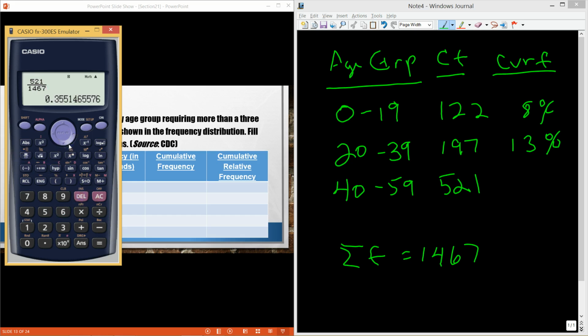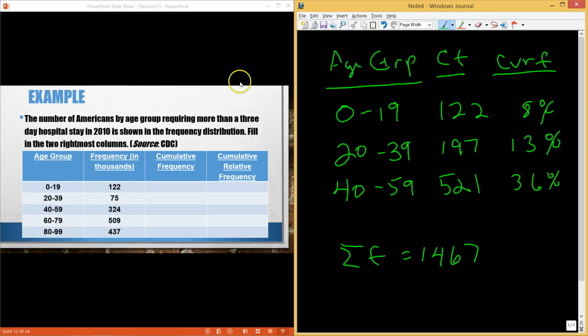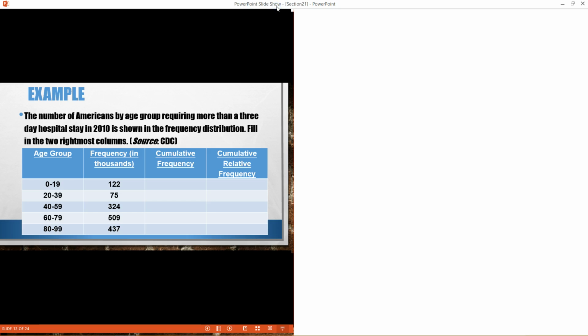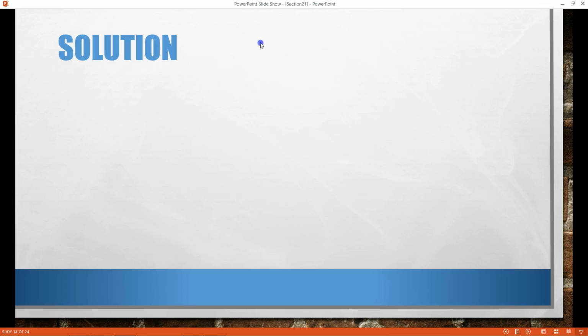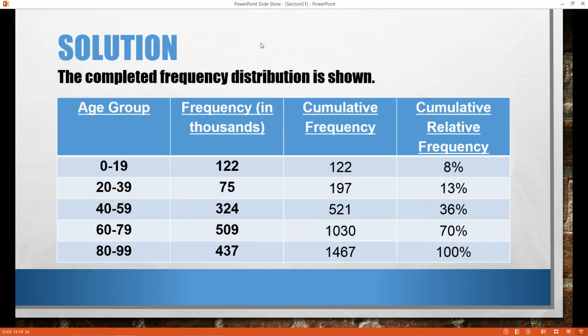And that one looks like it's going to be about 36%, rounded to the nearest whole number percentage. All right, so notice here, we're accumulating the cumulative frequencies as a percentage as we go along with the cumulative relative frequency. So I went ahead and filled that chart in, and there it is all completed for us.